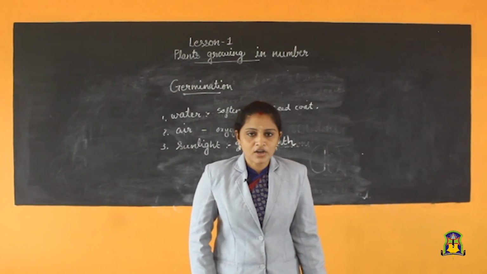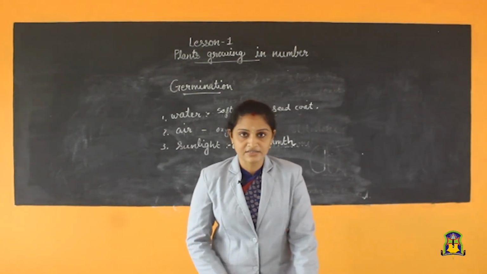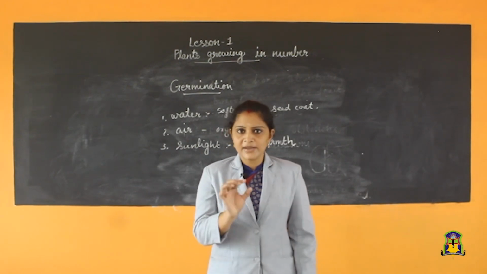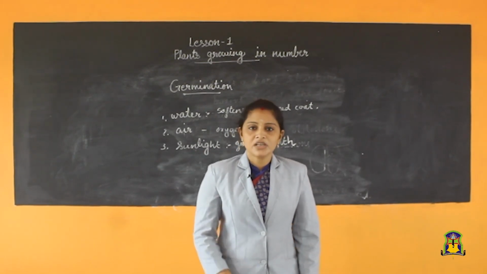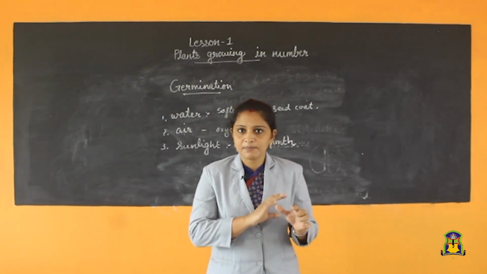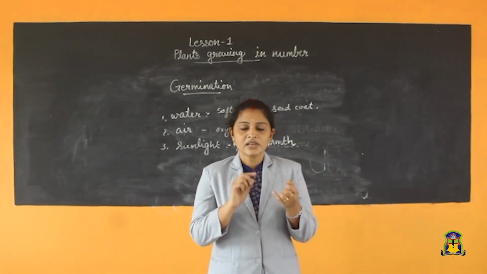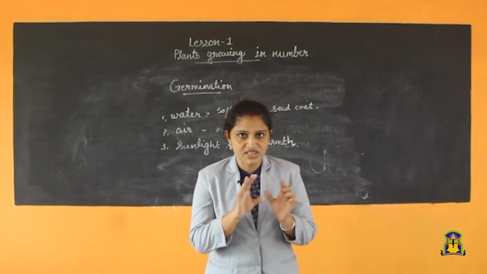Then this is our first lesson, we can see page number 75 and 76, and on page number 75 one activity is there. You need to arrange the pictures in an order. This is an activity for you. You have to do this page number 75 activity 1.